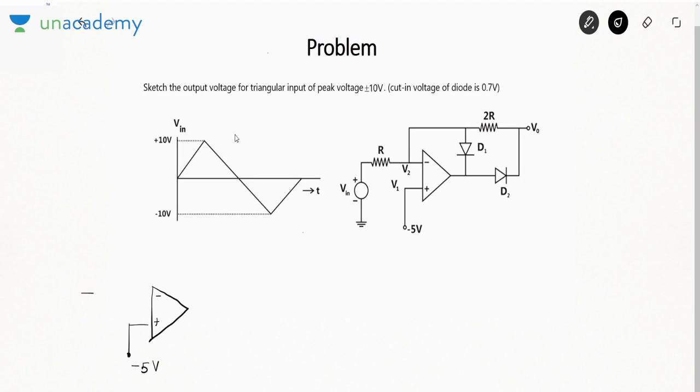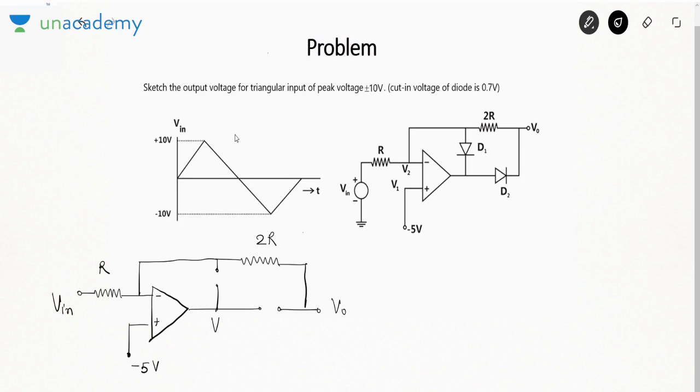This is minus 5 volt. R, Vin. This diode is open. This diode is also open. 2R and this is V naught basically.